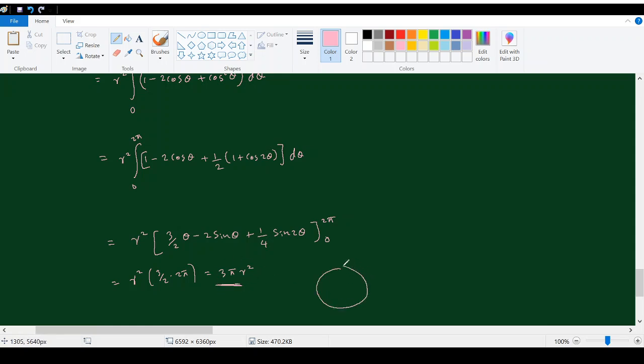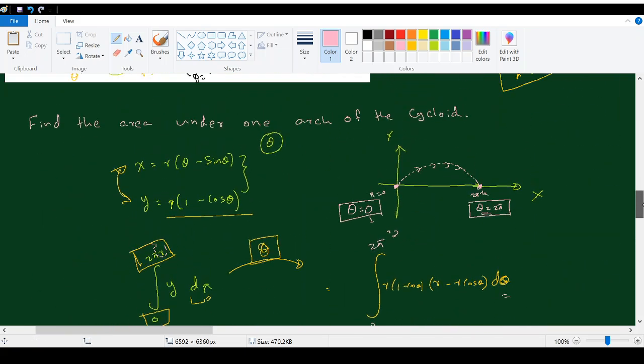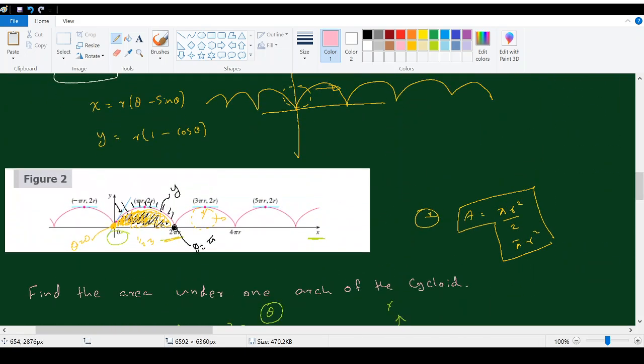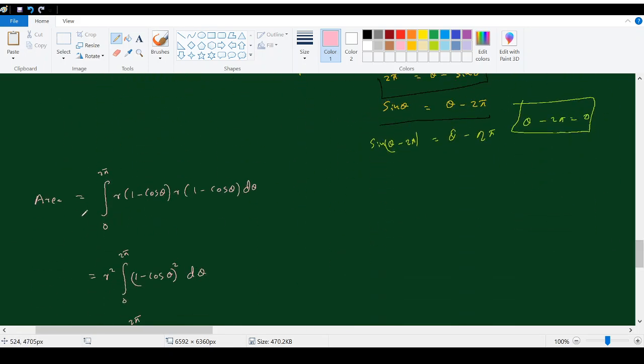Remember, the area of a circle with radius r is equal to pi r squared, okay? And you can see that the area of that single arch is equal to 3 times the area of the circle that was used to generate this cycloid, where r is the radius.